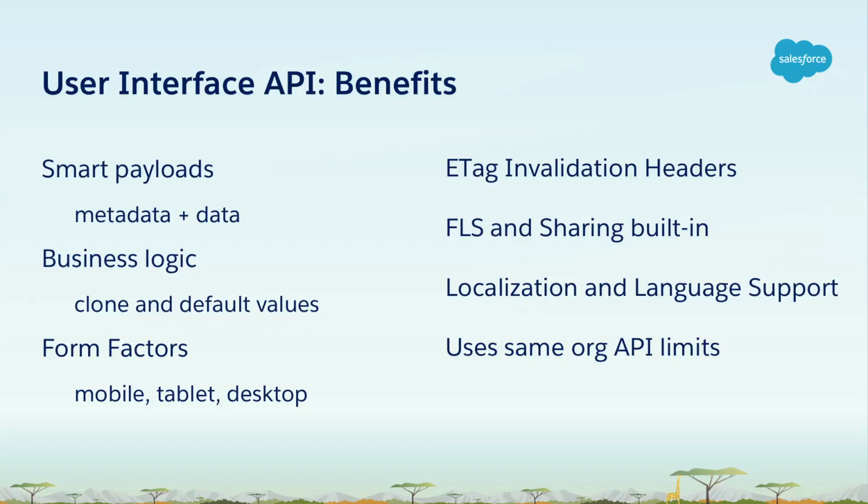So what are some of the benefits of using the API directly? Let's say, again, we encourage you, if you want to build inside of Lightning, to use Lightning Data Service. But a lot of times, as partners, as customers, you want to have a unique experience for your users because of your business process, or if you're a partner, you want to build apps on top of Salesforce. So you need to be able to customize things.